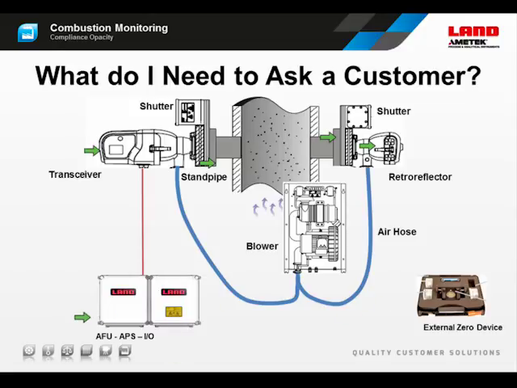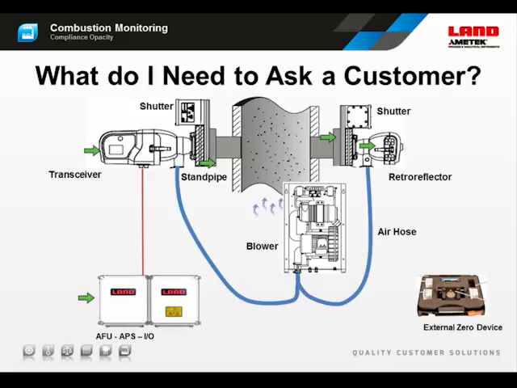The transceiver runs from 24 volts DC and produces a limited range of outputs. So the AFU, auxiliary function unit, APS, auxiliary power supply, and I/O module, AFU APS I/O, which is this white box here, is usually specified, and it takes mains power in and produces 4 to 20 milliamp outputs.